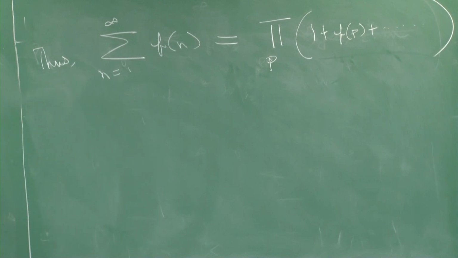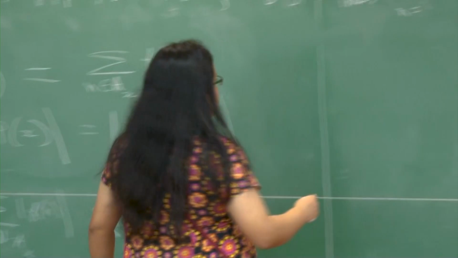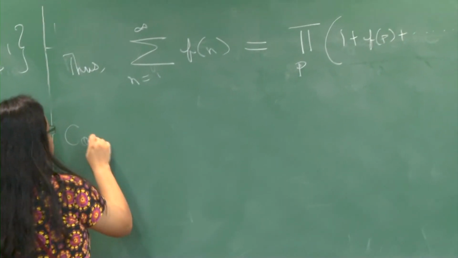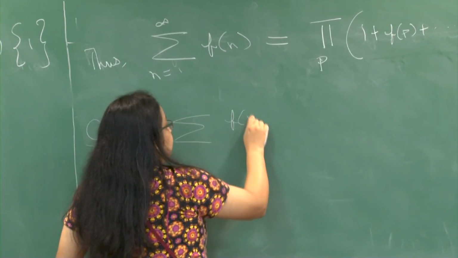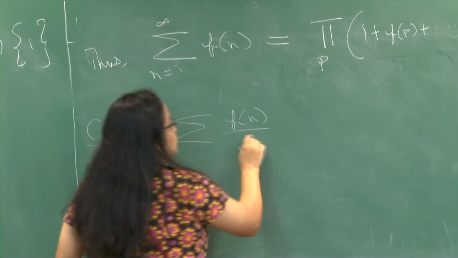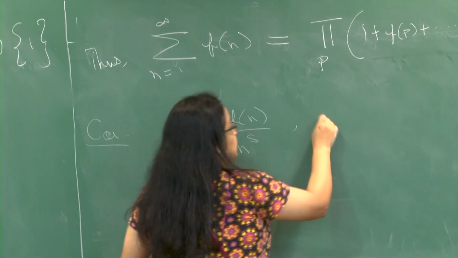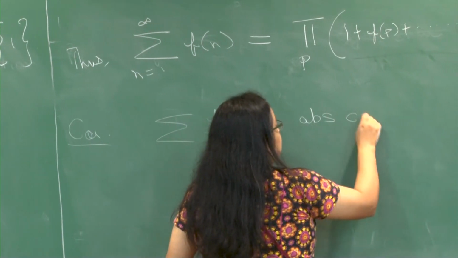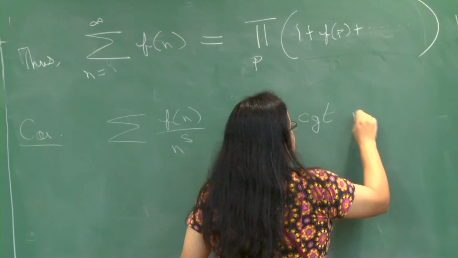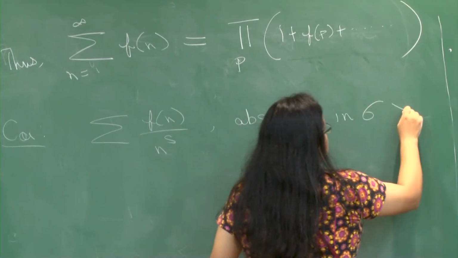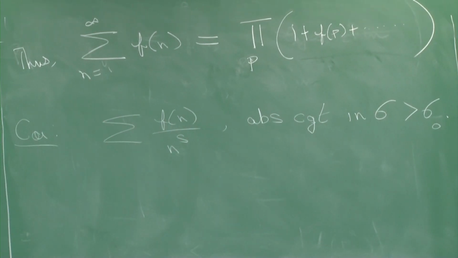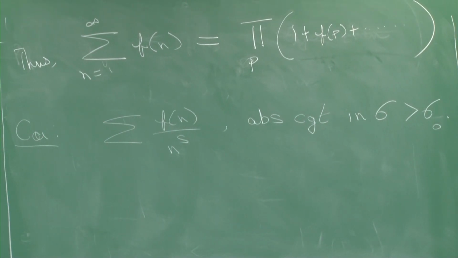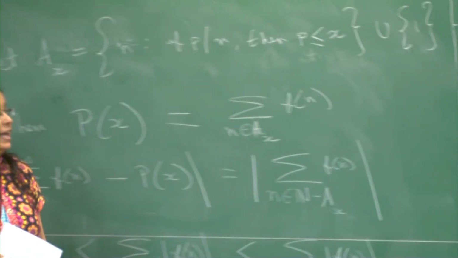And how do we apply this to the scenario of Dirichlet series? So, therefore, corollary: suppose you have a series f of n over n to the s, which is absolutely convergent in the half plane sigma greater than sigma 0. Then you can just replace f of n by f of n over n to the s.